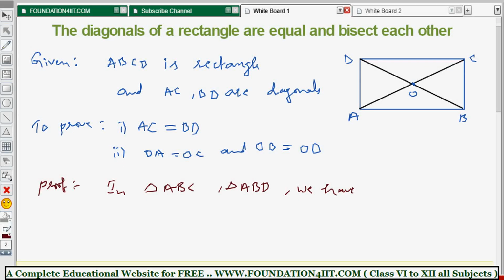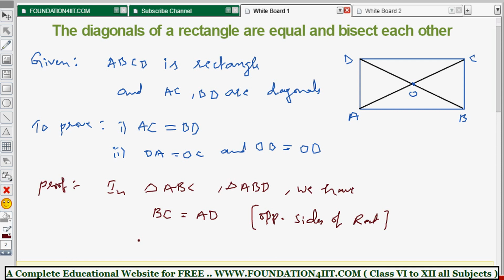That is BC equals AD, because BC and AD are the opposite sides of a rectangle. So they are equal.